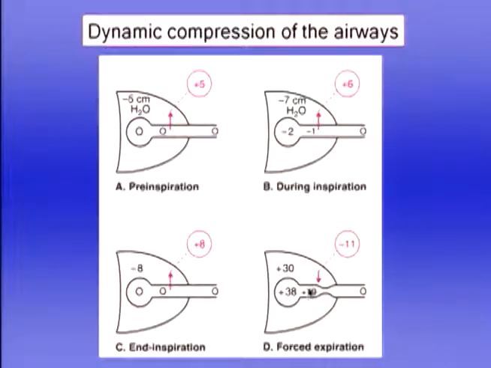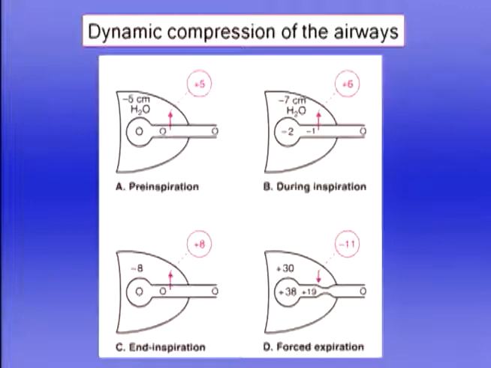Now this dynamic compression of the airways is exaggerated in some conditions, for example in COPD, and that's for three reasons. One is that the resistance of the small airways is increased because of the disease, and therefore the pressure is lost more rapidly as we go towards the mouth from the alveoli. The second reason is that in COPD, the difference between alveolar and intrapleural pressure is less.